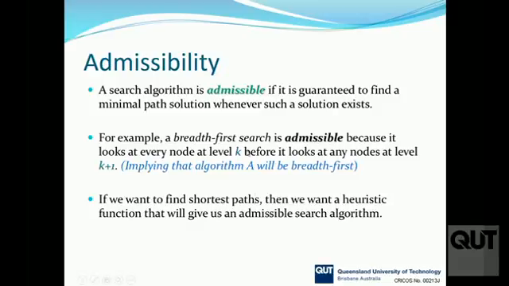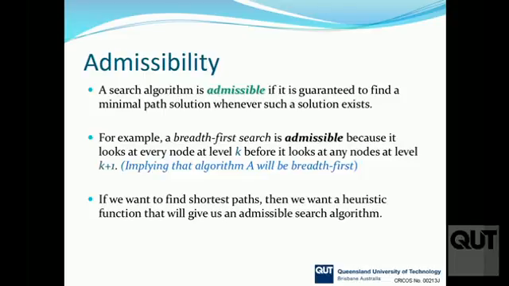So, for example, a breadth-first search is always admissible. A breadth-first search is admissible because, if we have a tree structure and we have some goal here, we might also find that there's a pathway with the goal here, but it's a much longer path. If we're going breadth first, we'll find this first before we ever get down here and find this one.